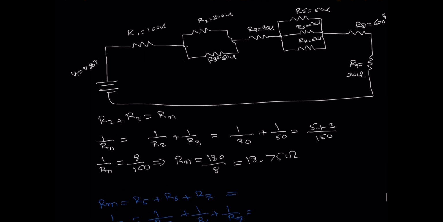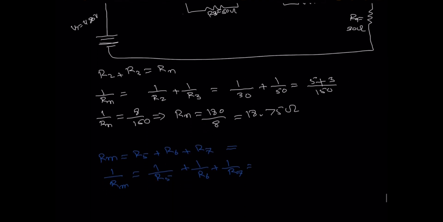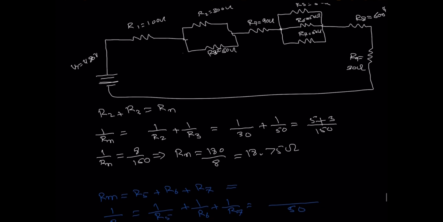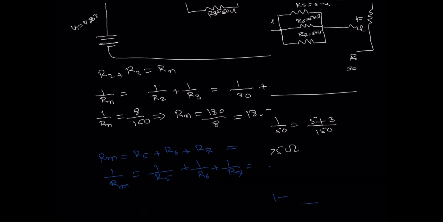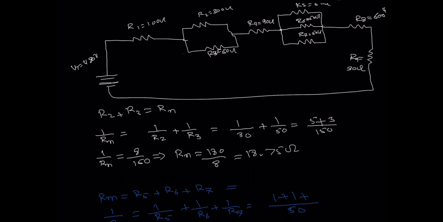The LCD will be 50. 50 divided by 50 is 1, 1 times 1 is 1, and also 1 for the second, also 1 for the third.